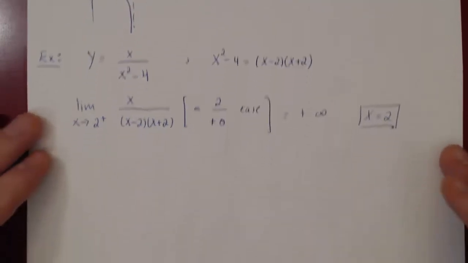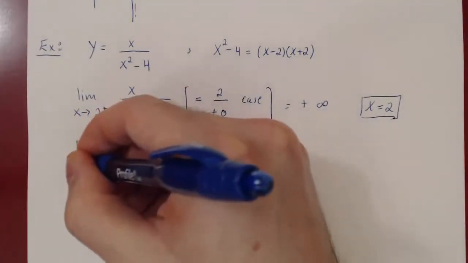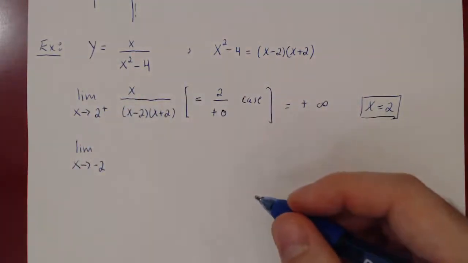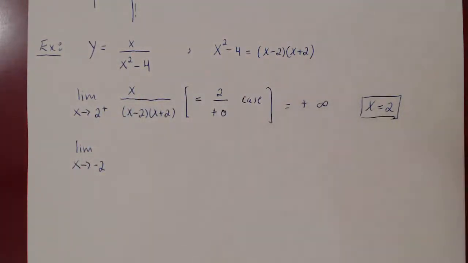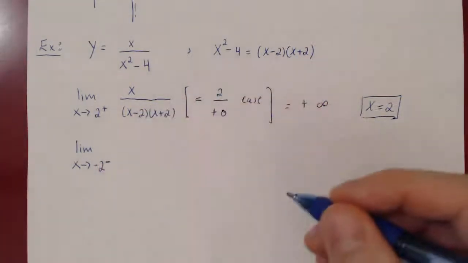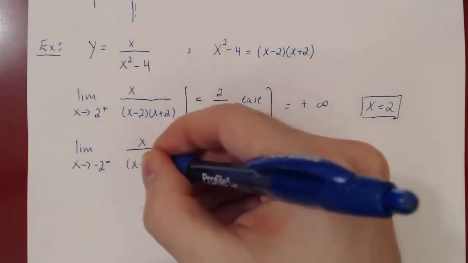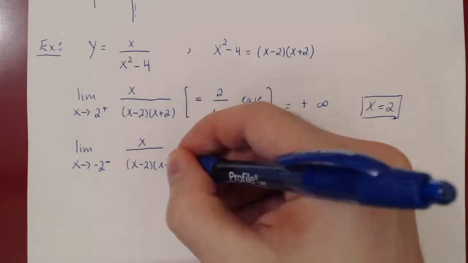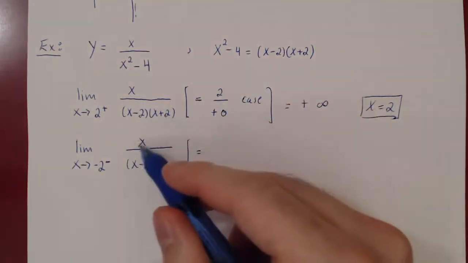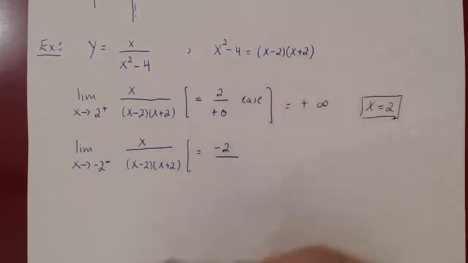Let's now look at x equals negative 2. And let's approach, say, from the left. Why not? The function again factored is x over x minus 2 times x plus 2. x will be approaching negative 2, so negative 2 on the numerator over.